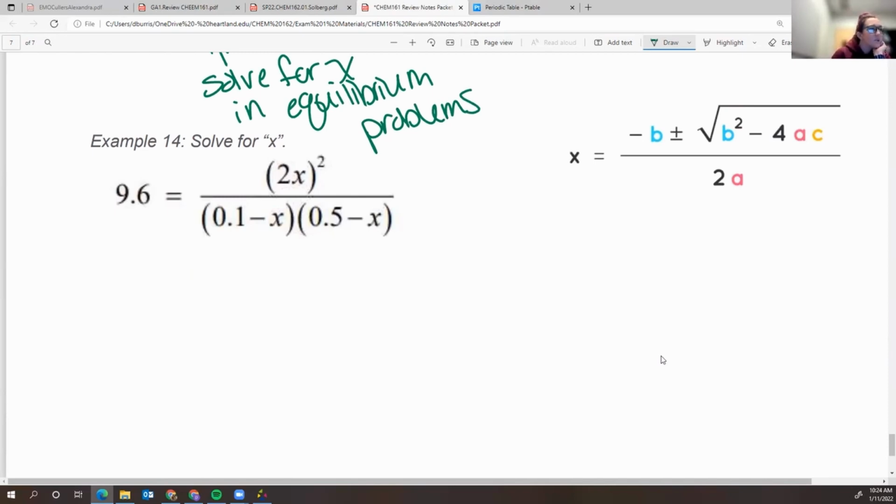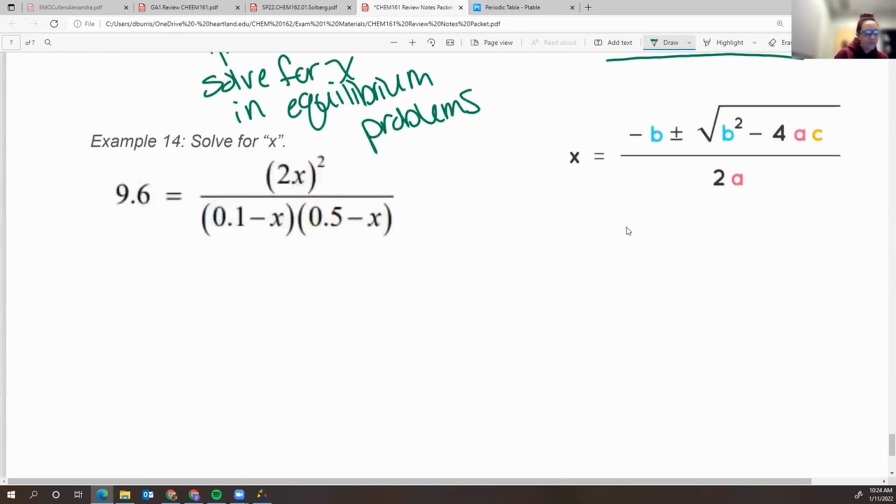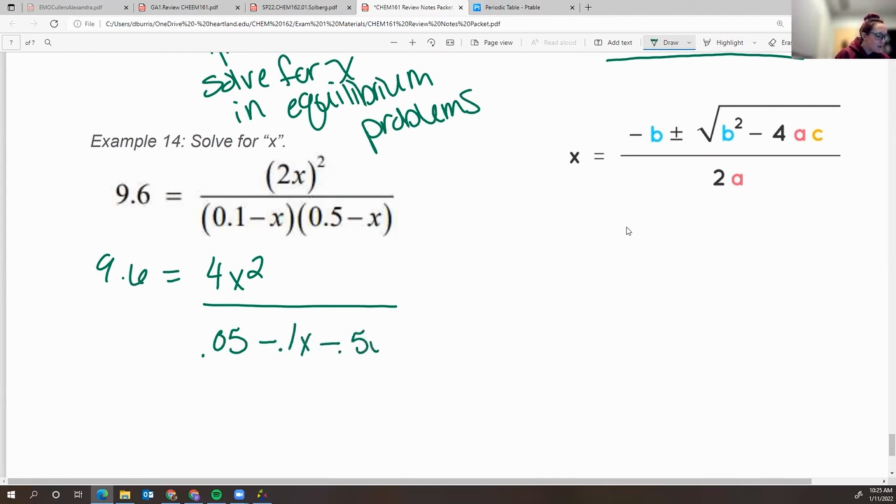So I want to get x by itself. You're actually going to have to multiply all this out. I need to get it in this form, right? If I am in this form, then I can plug in my a's, my b's, and my c's and solve for x. So I'm actually going to multiply this out. I'm going to get 9.6 equals 4x squared over, let's see, first 0.1x minus 0.5x plus x squared.